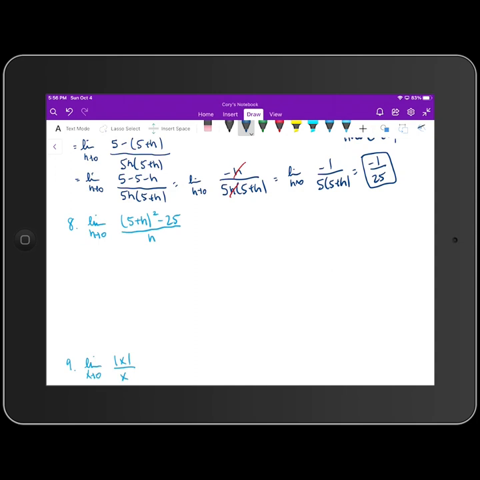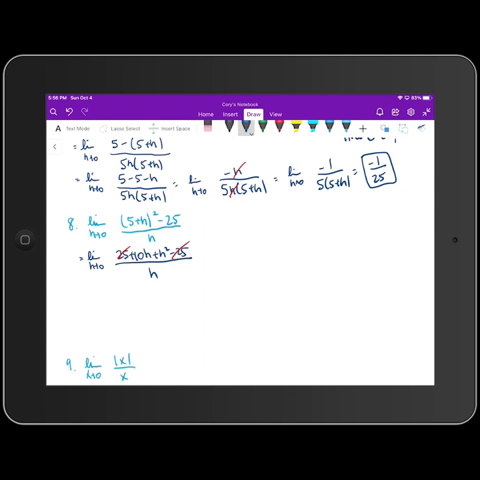If I were to guess the way most of you would work this out, I would think that you would try to simplify. So when you multiply out (5 plus h) squared, that's going to be 25 plus 10h plus h squared minus 25 all over h. So the 25 and negative 25 cancel.